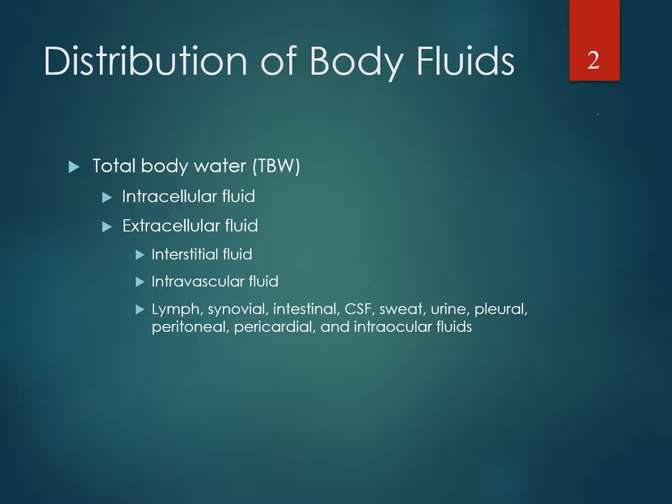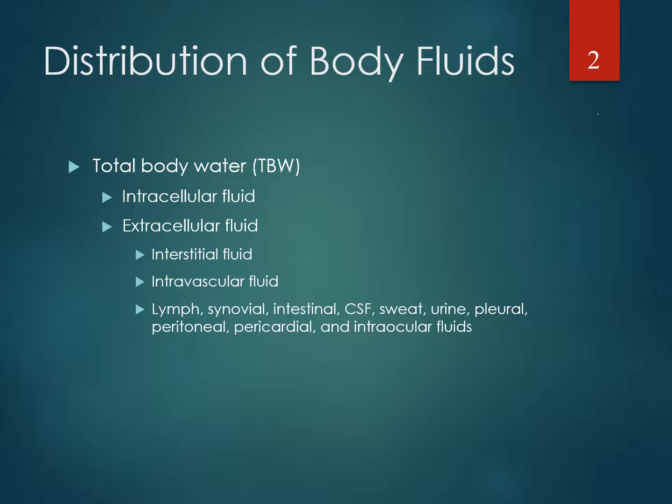The intracellular fluid accounts for approximately 2/3 of the body's water and is rich in potassium, magnesium, phosphates, and proteins. 1/3 of the body fluid is the extracellular fluid, and of that, 80% is the interstitial compartment, and 20% is the intravascular compartment.